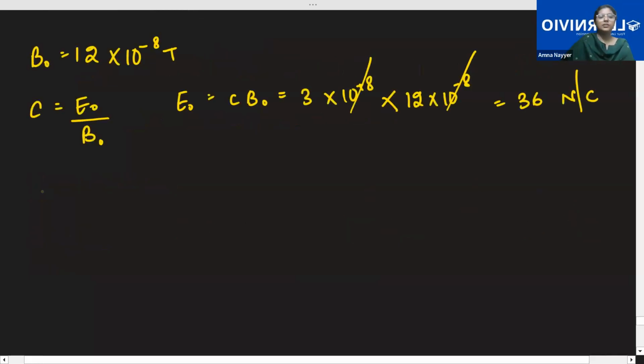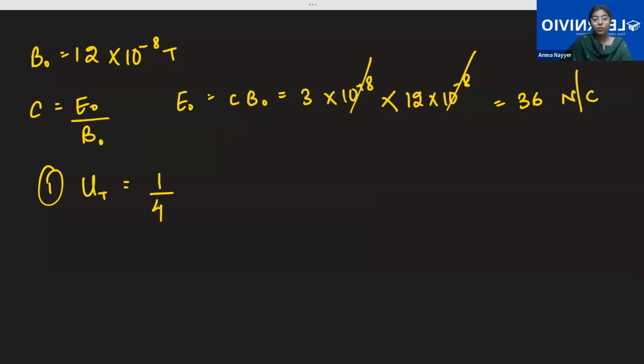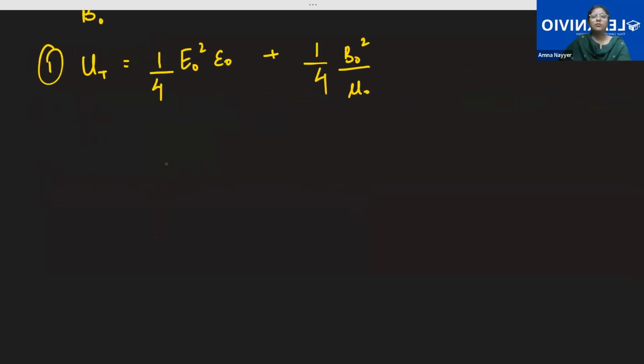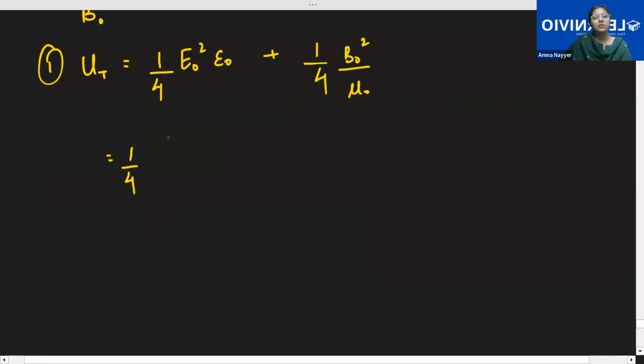Now for the first part, when you have to calculate the total energy density for peak value, I have told you to use 1 by 4. If it is RMS value, then we use 1 by 2. So 1 by 4 E naught square into epsilon naught plus 1 by 4 B naught square divided by mu naught. You can take 1 by 4 out.